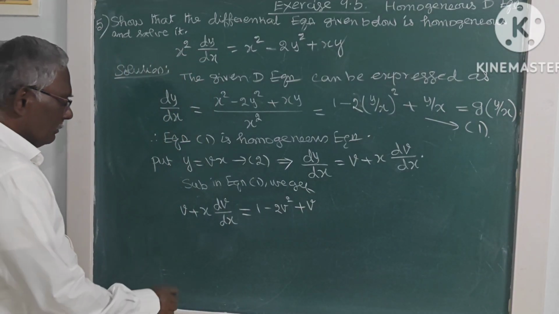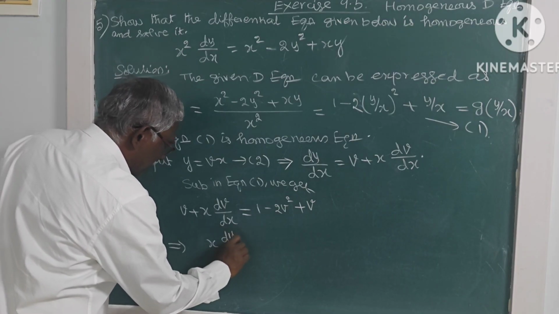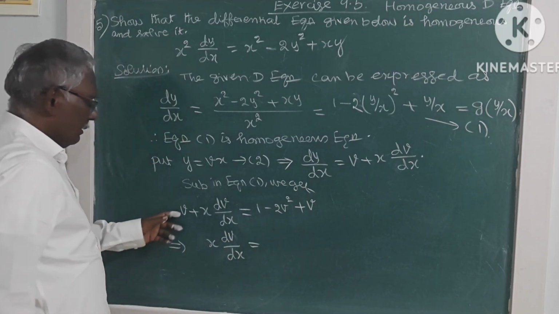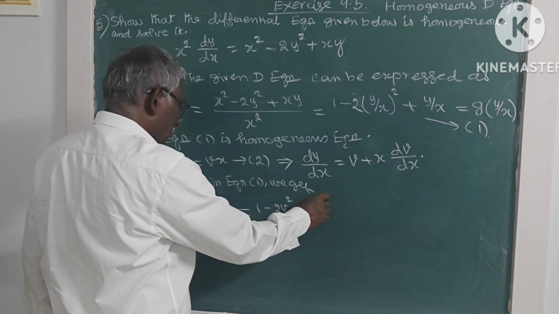So x into dv by dx, when you take v to the right hand side, minus v, this gets cancelled.